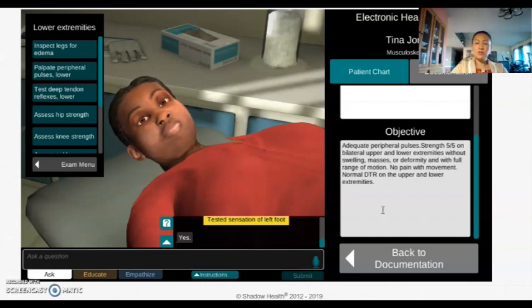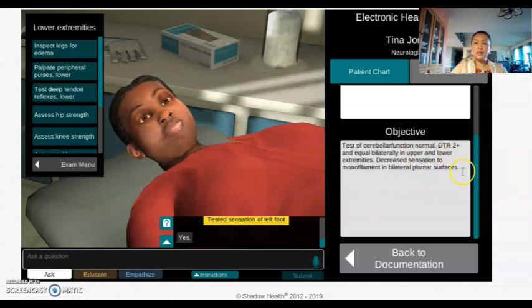No pain with movement, normal DTR on the upper and the lower extremities. Moving to neurological, test of cerebellar function is normal, DTR 2+ and equal bilaterally in upper and lower extremities, decreased sensation to monofilament in bilateral plantar surfaces.